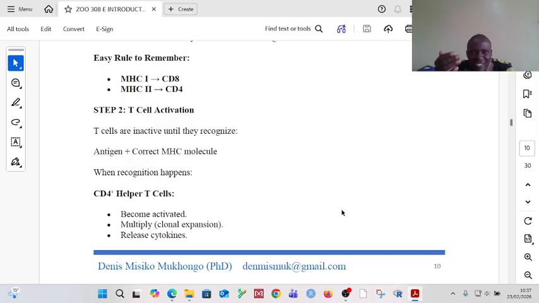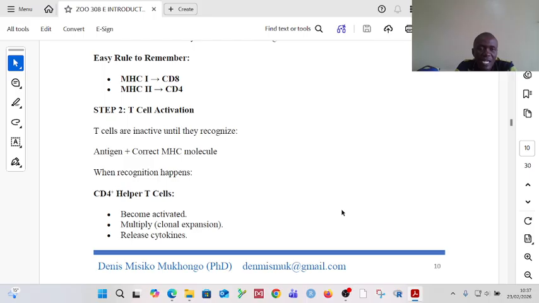So until T cells have recognized the antigen and the correct MHC molecule, they will always be inactive. Okay? The antigen and the MHC molecule, hizo ndio zinashikana before it can now be recognized by the T cell. So until zimeshikana, MHC class 1 kwa mfano imeshikana na an antigen ya particular virus.